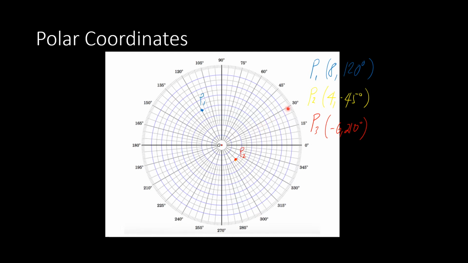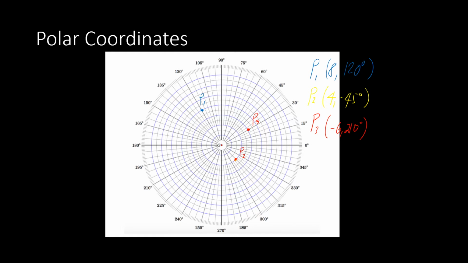The opposite side is equivalent to 30 degrees. So we count 6 units, 2, 4, and 6. That is our P sub 3.